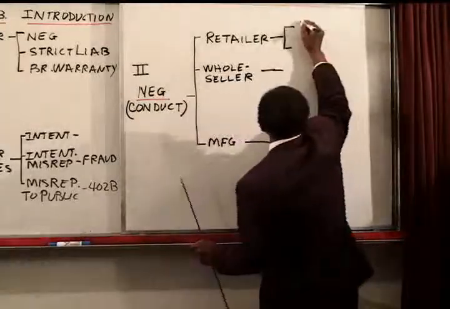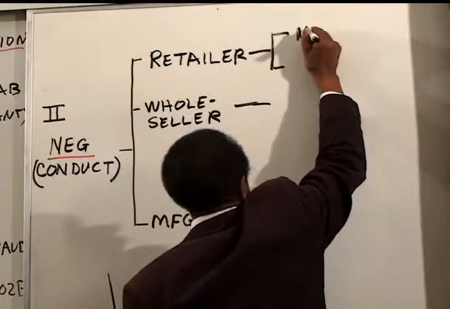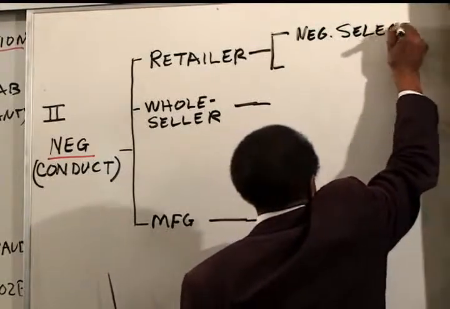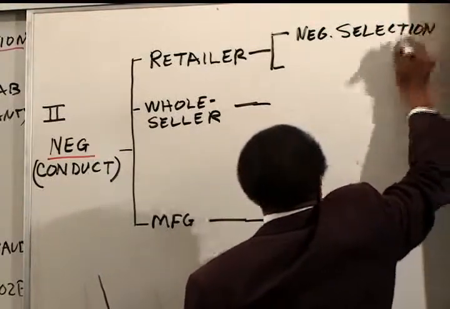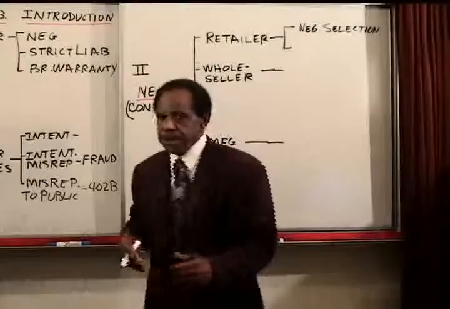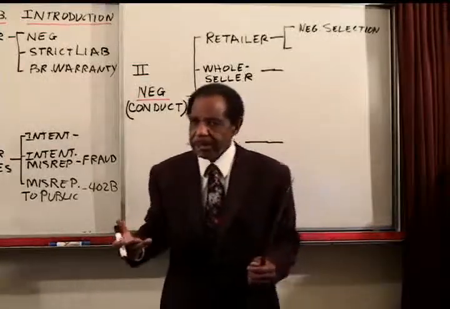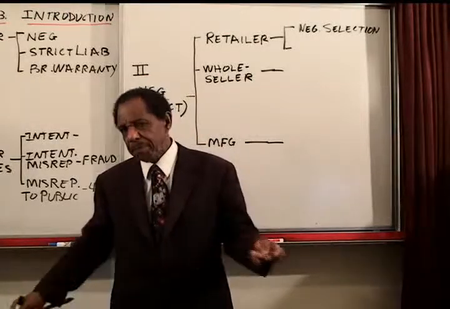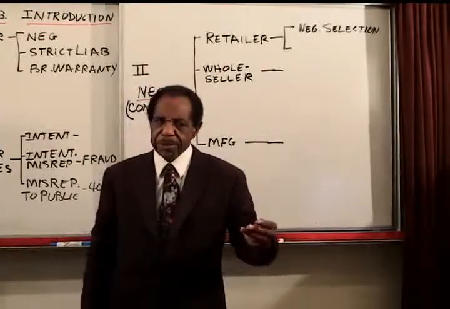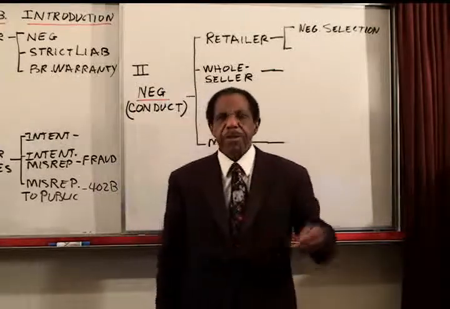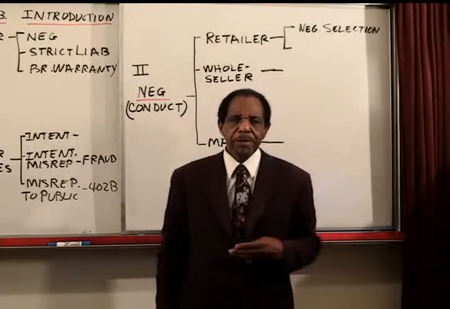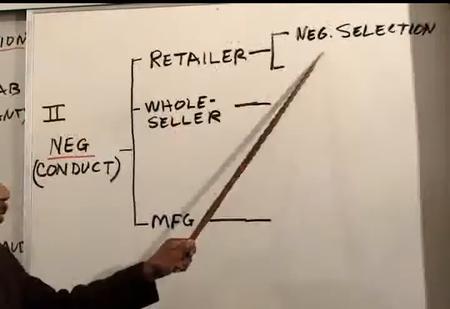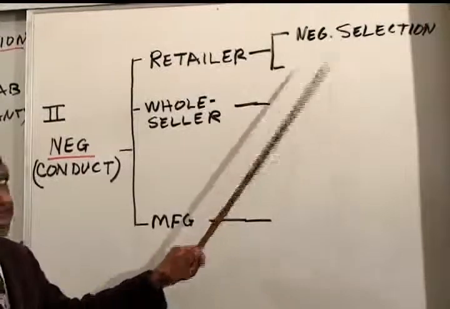So this is negligent selection. And this means that if they select a supplier for a product who makes shoddy goods, and they have reason to know that, like other people have complained, and the retailer continues to use this same supplier to make shoddy goods, they are liable. That's negligent conduct, and they will be liable in negligence for negligent selection of a supplier.